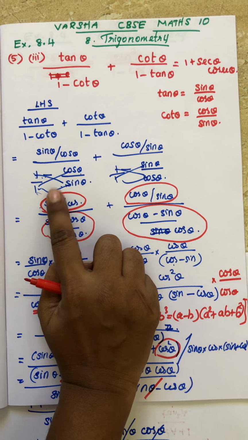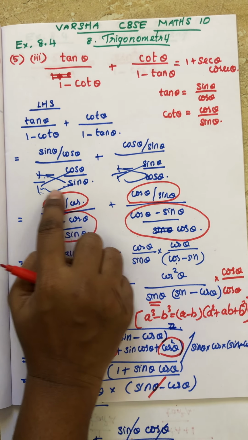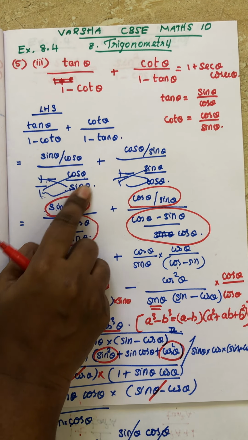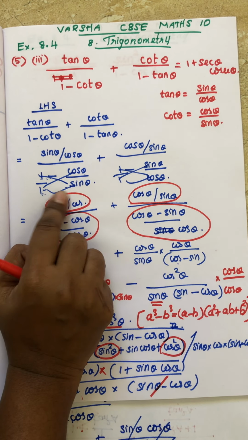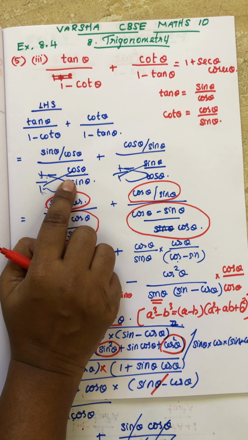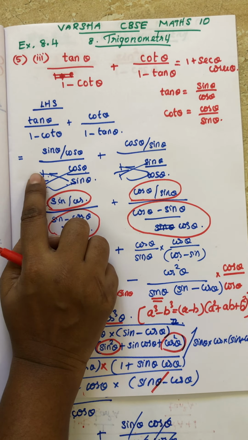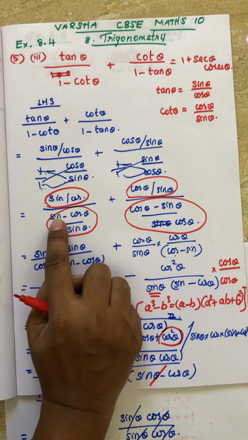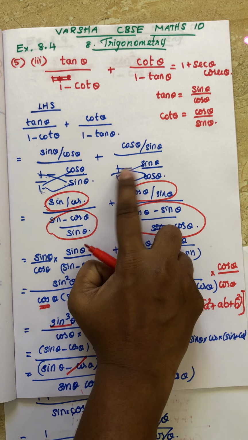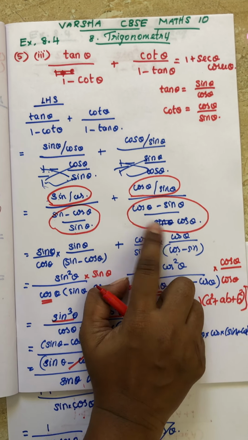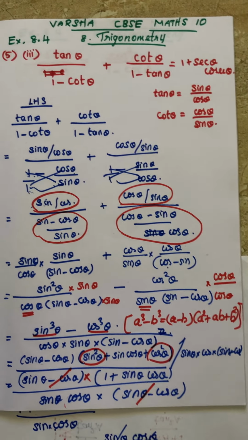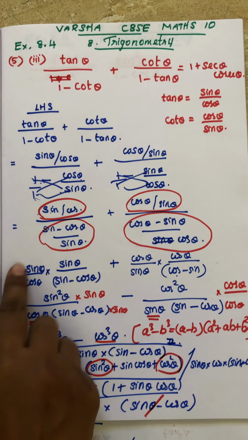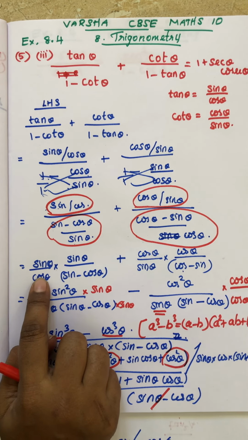Okay students, do you understand the steps? And I am taking the denominator. I am taking the denominator, simplifying just by cross multiplication: 1 into sin, 1 into cos, 1 into sin. Okay, so you get this. And here also cos minus sin by sin. So you cannot cancel anything. Okay students, so what I am going to do, fraction by fraction.